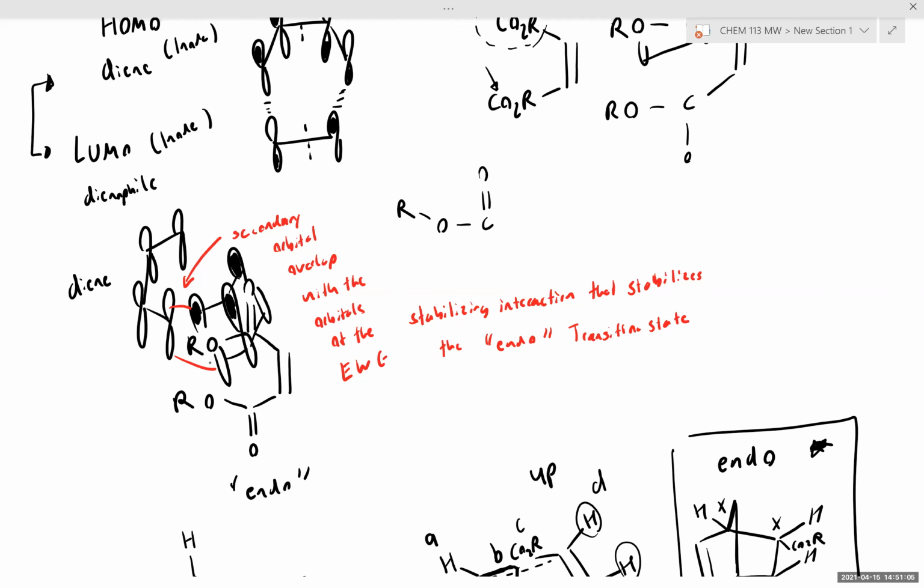This interaction, although it doesn't form a bond, is a stabilizing interaction that stabilizes the endo transition state. And because we have these stabilizing secondary orbital overlap interactions, we see exquisite stereospecificity for the endo stereoisomer.